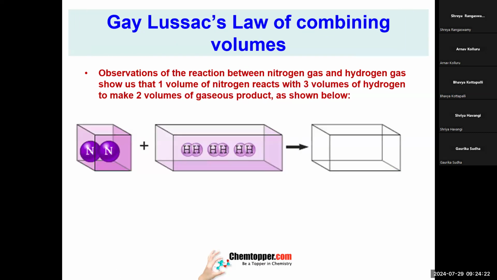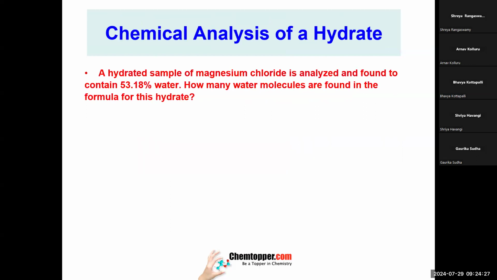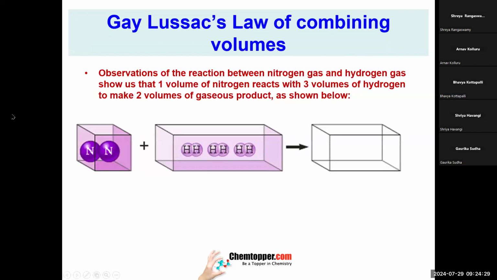Okay, now this is the concept of your Gay-Lussac's law. One last question from my side. If I give you a reaction in which a gas Cl2 is reacting with methane, giving you CH3Cl gas plus HCl gas.